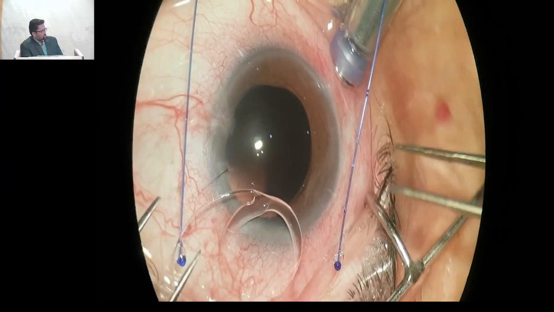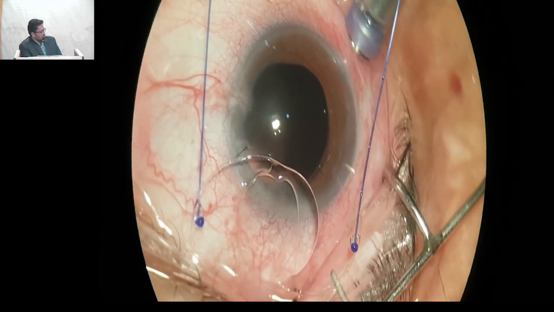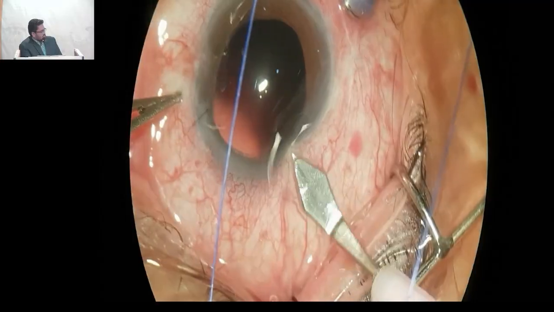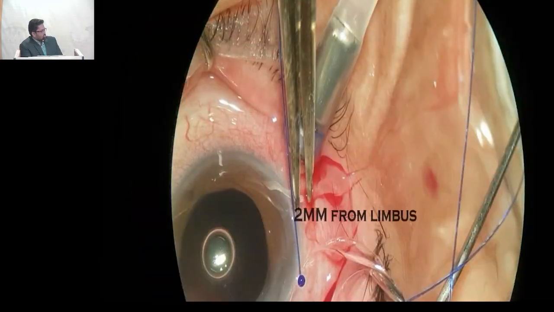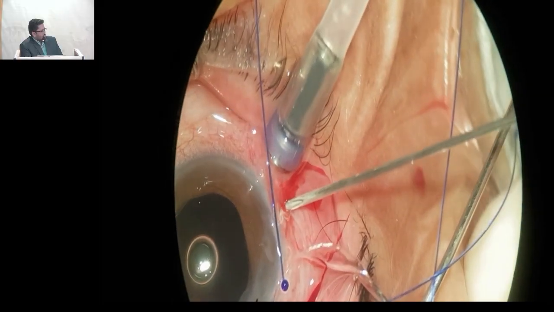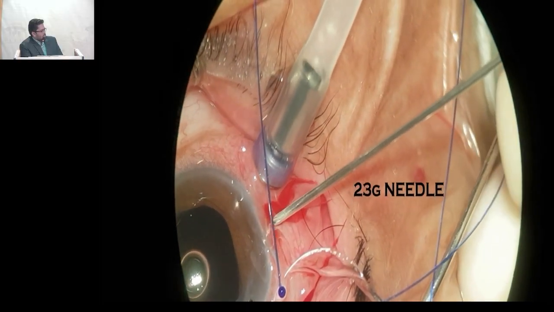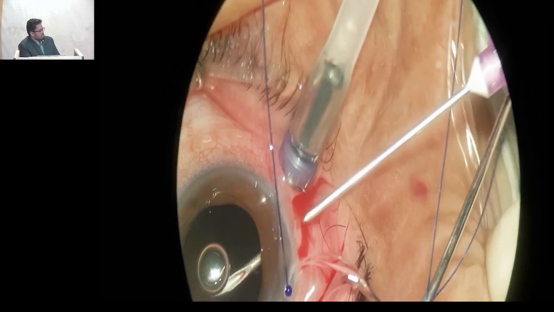Now that both the haptics are secured by 5-0 Prolene and its flanges, we make a main incision and enlarge it. The site of scleral fixation is 1.5 to 2 millimeters away from the limbus, and this 23 gauge needle is used.